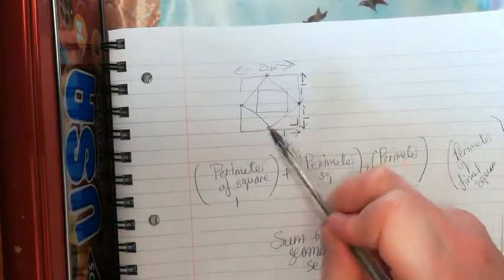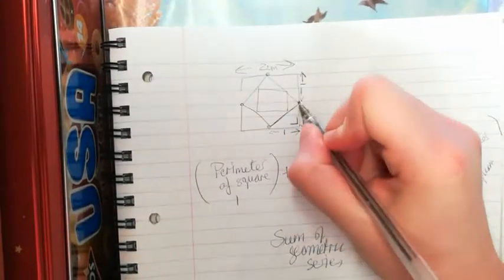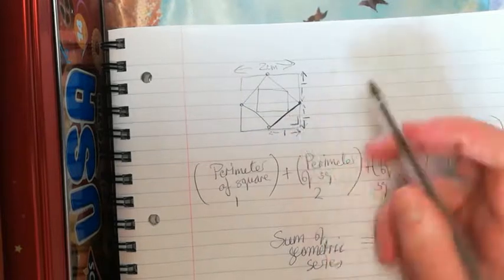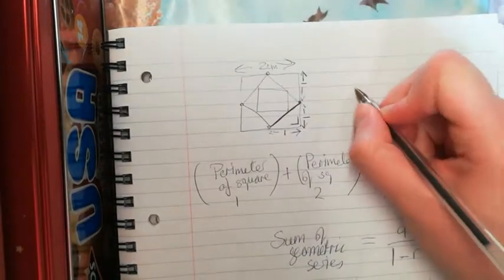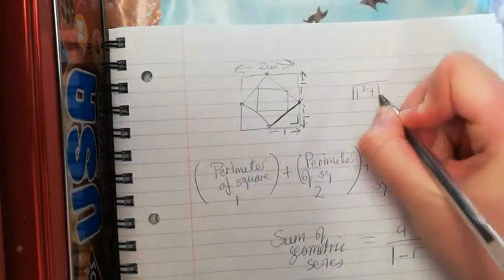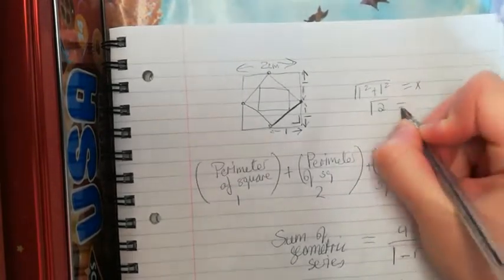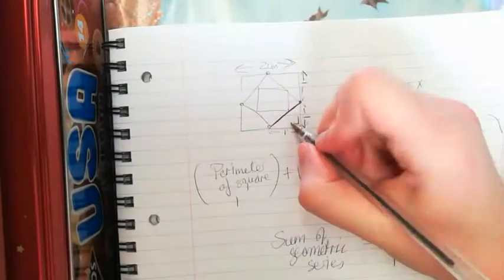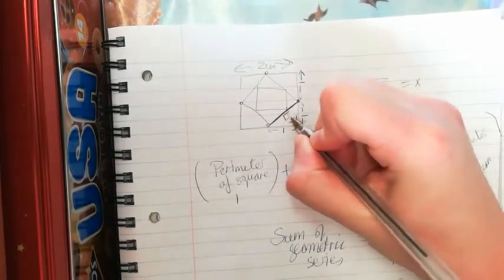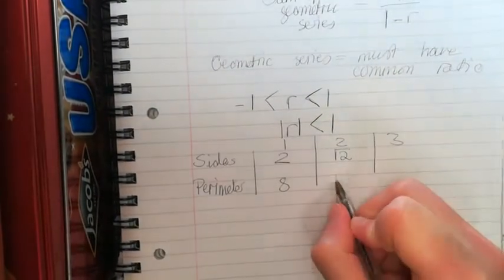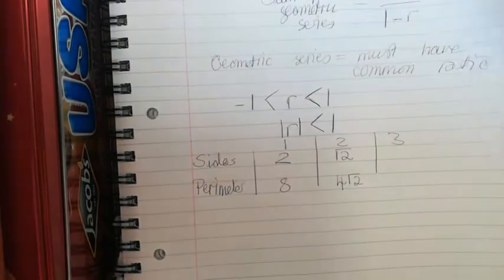So if we want this length here, we can do 1 squared plus 1 squared is equal to this squared. Let's just call that x for now. So the square root of 1 squared plus 1 squared is equal to x, and that's root 2. So the next square has sides of length root 2. So I'm going to plug that in. So the sides are root 2, so that means the perimeter will be 4 root 2.